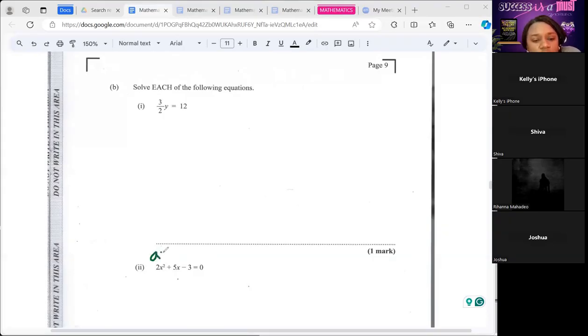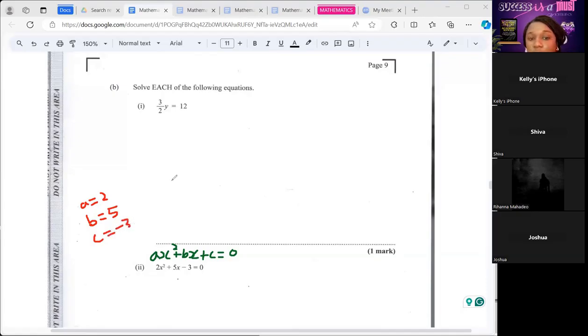So quadratics, the majority of them, are written in the form ax squared plus bx plus c is equal to 0. What is a going to be? A is going to be the number in front of x squared. So right here, a is going to be 2. B is going to be the number in front of x, which is positive 5. And c is going to be the number by itself, which is negative 3.